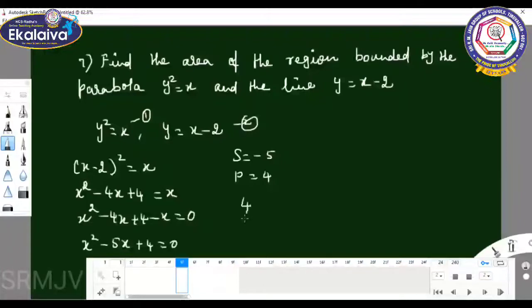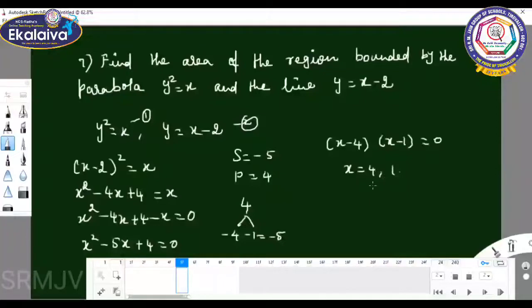So the factors are minus 4 and minus 1, which give minus 5. So x minus 4 into x minus 1 equal to 0, x equal to 4, 1.